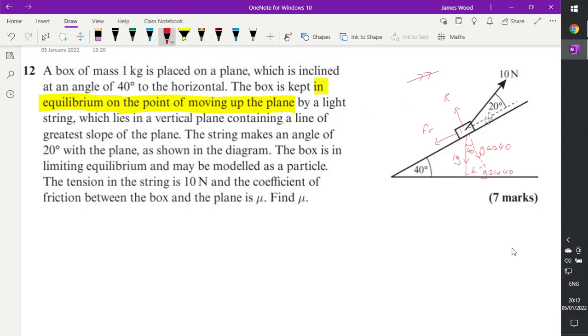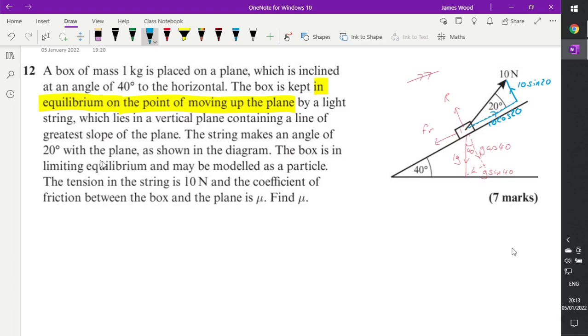So we've got this string with a force of 10, an angle of 20. So let's resolve that whilst we're here. That component there is going to be 10 sine 20, and this component here is going to be 10 cos 20. So I think that's all of our forces on there, and they're all resolved.